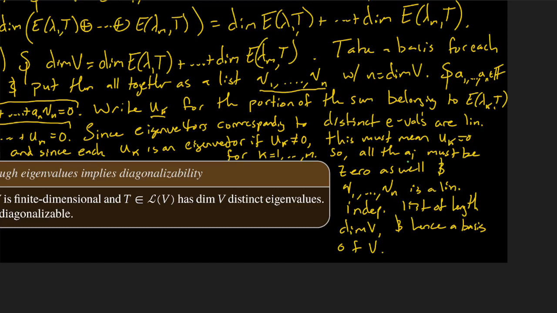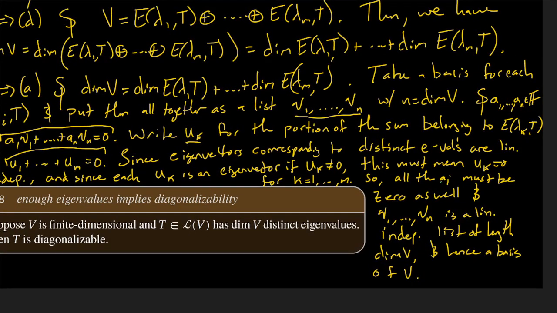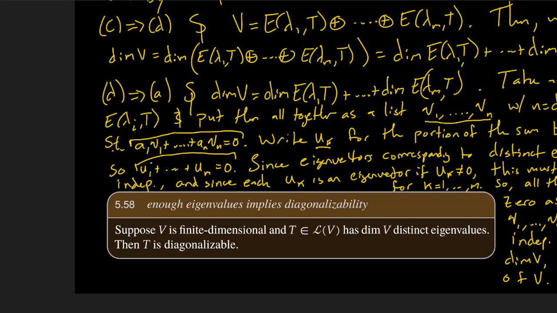Now, the piece maybe here that I might have glossed over is why all these AI must be 0 as well. Is everyone seeing that? The main reason for it is that the AI correspond to a little chunk of this linear combination consisting of the portion of the list, the pieces next to the V's belonging to the kth eigenspace. That is what the UK piece is, right? Now, for each one of these little eigenspaces, we're grabbing a basis and we're putting it all together.